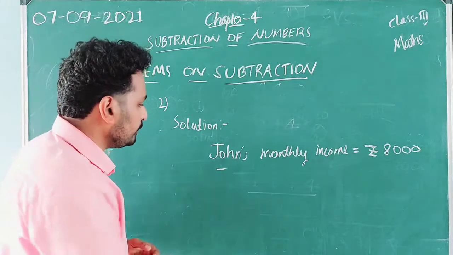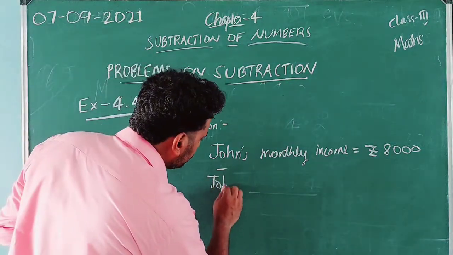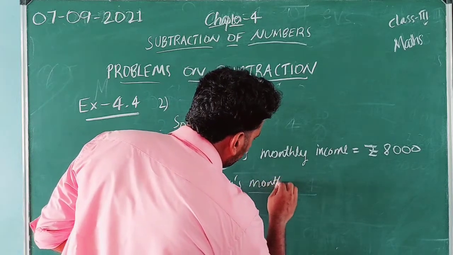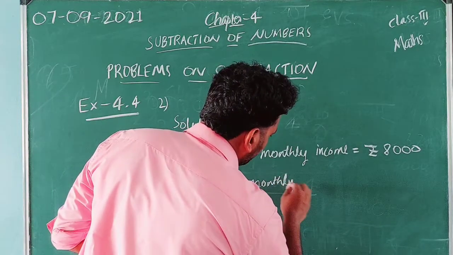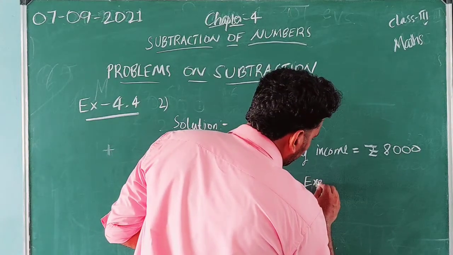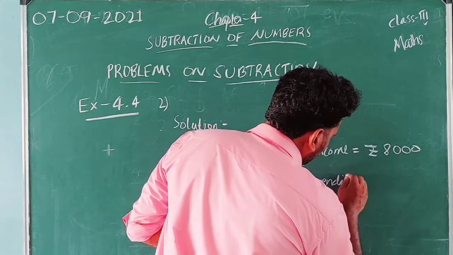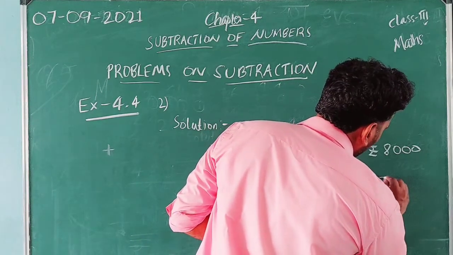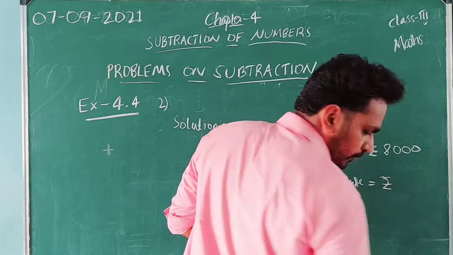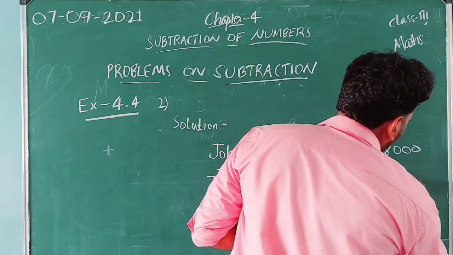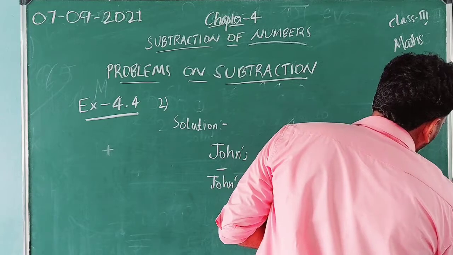So next, John's monthly expenditure is equal to rupees 4,690.